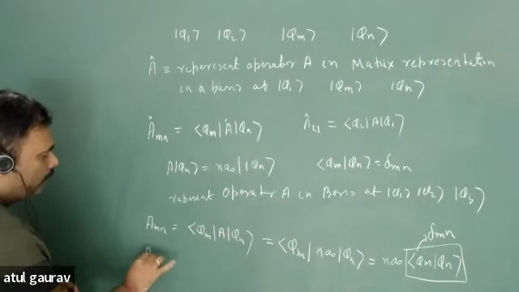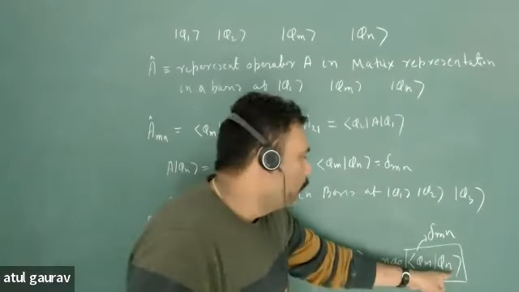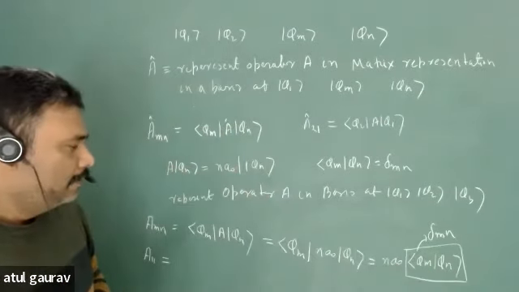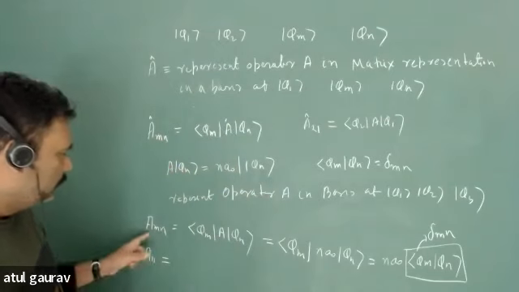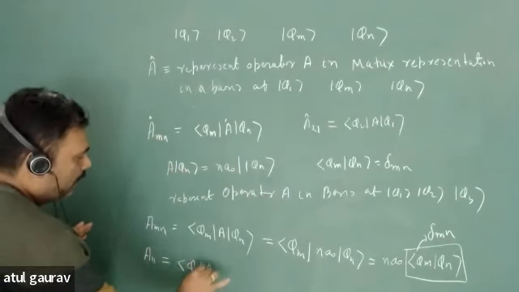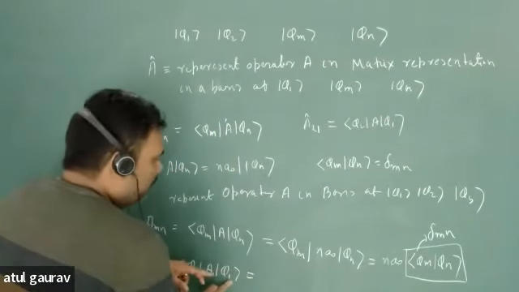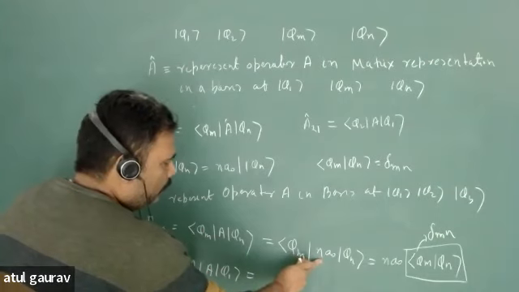तो बताइए A11 क्या होगा? 1 a naught. n के जगह पर 1 पुट करोगे ना? A11 is phi_1 A phi_1. अब n के जगह पर क्या पुट करेगा? 1 करेंगे ना?